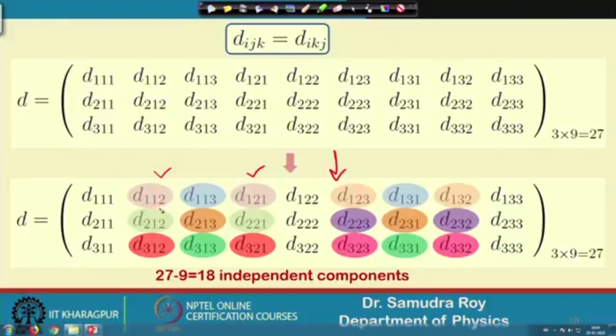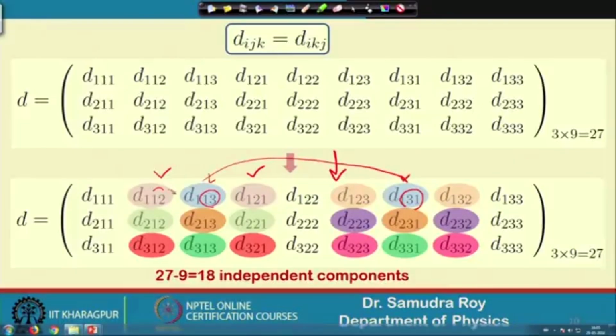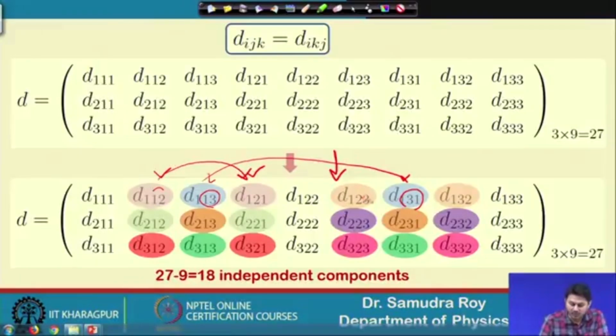If you find, these pairs have the same value. D12 and D21 are the same, because if I interchange 2 to 1 and 1 to 2, it will be the same quantity. Again, here we have 1 3, so somewhere I should have 3 1, and 3 1 is sitting here. These are the same colors, so these two things are the same. Here in the first row also D12 and D32, D123 and D132, again these two are the same.